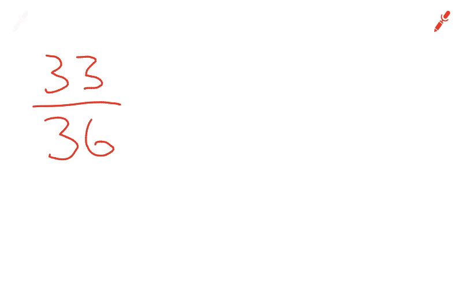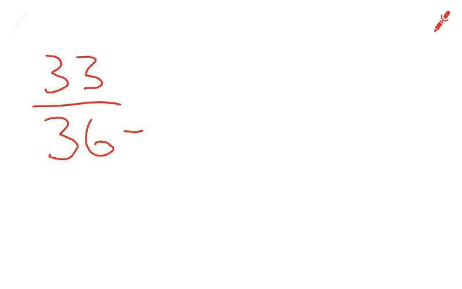Does 3 go into it? Let's see if that works. And I know ahead of time it's going to. 3 plus 3, adding them up, gives us 6. Does 3 go into 6 evenly? Yes. So now we know that 3 does go into 33 evenly.